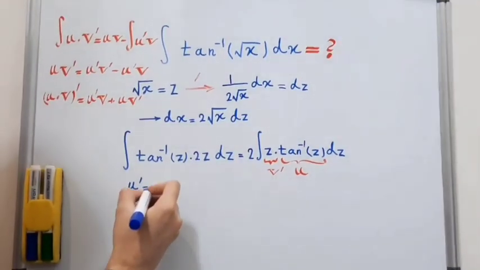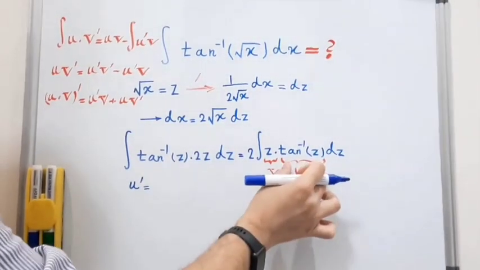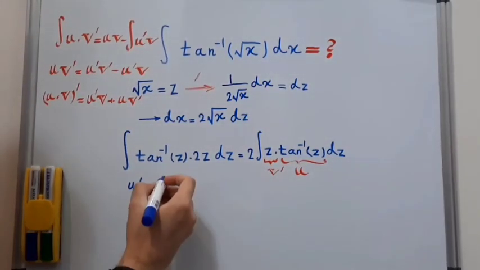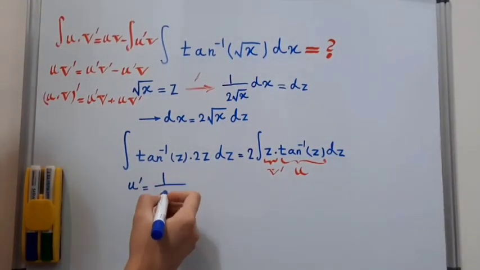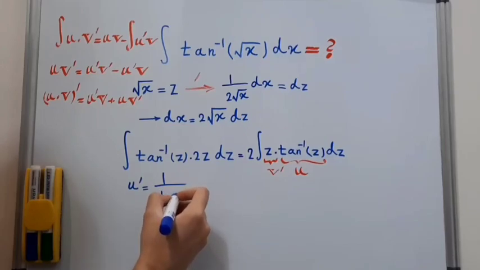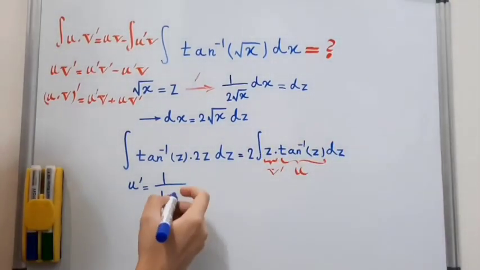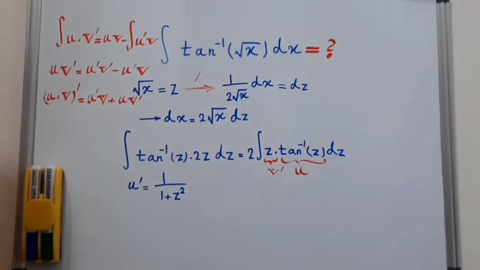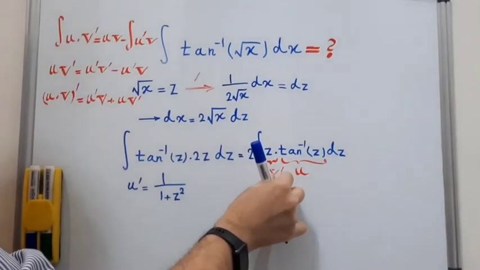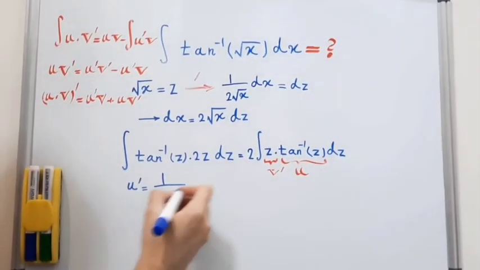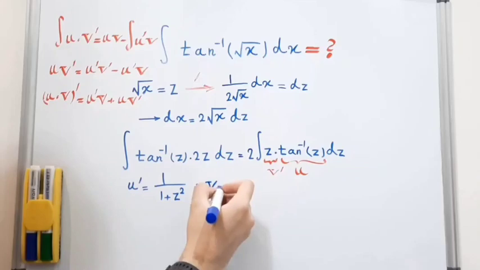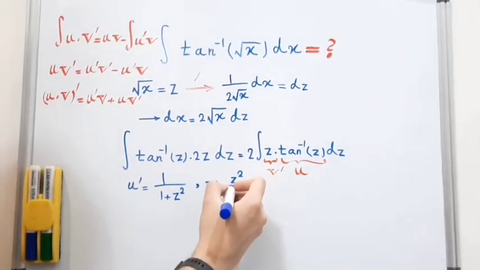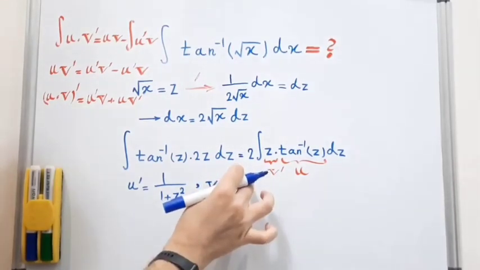U prime, the derivative of tangent inverse, is going to be 1 over 1 plus z to the power 2, and the derivative of v is z, so v should be z squared over 2, since the derivative of this is z.